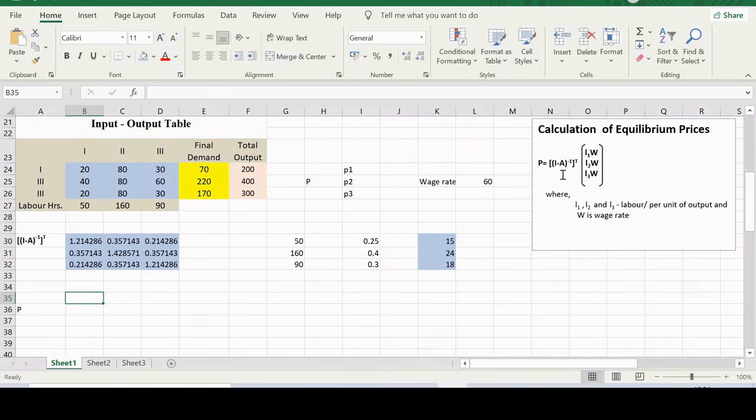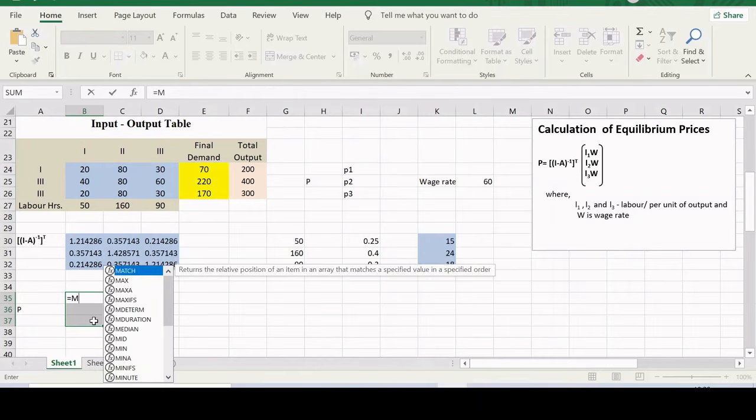After multiplying the transpose of the inverse of I minus A with the labor cost per unit of output matrix, we know that the result will be a matrix of order 3 by 1. So after selecting the range for a matrix of the same order, that is 3 by 1, we need to use the function for the multiplication of the two matrices, that is MMULT.